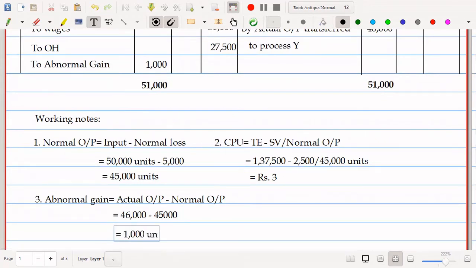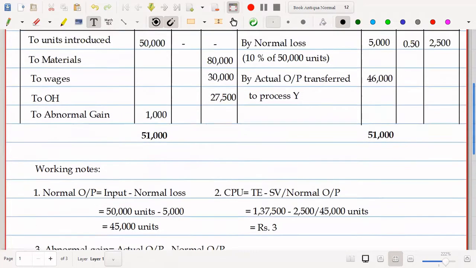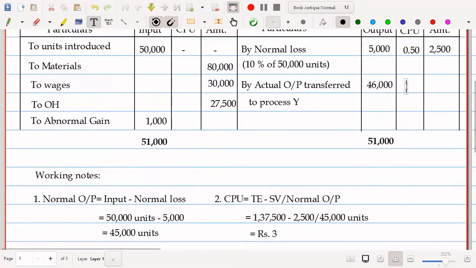So we'll take this rupees 3 here, and here also rupees 3. So 46,000 into 3 comes to 1,38,000, and this comes to 3,000. When we total up, it should tally now.